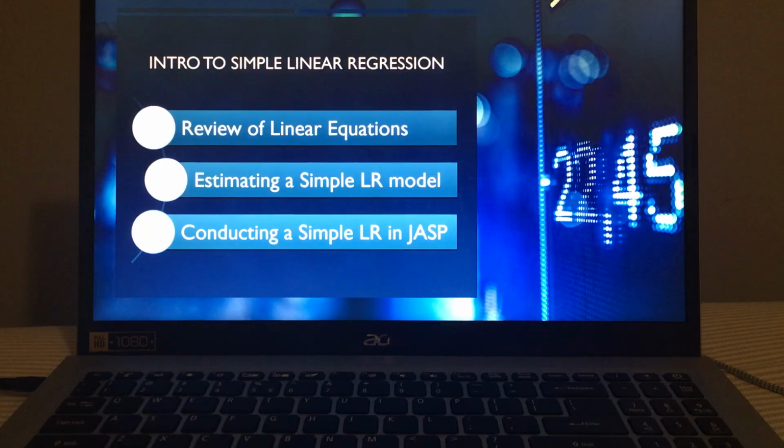Finally, the author notes that since there's more than one way to estimate a regression model, the more technical name for this estimation process is OLS, or ordinary least squares regression. Okay, so let's keep going here.